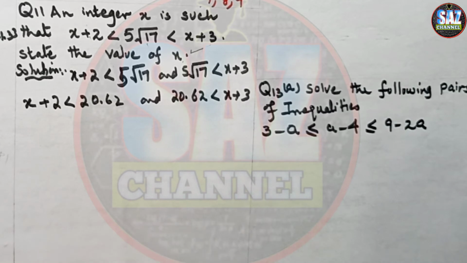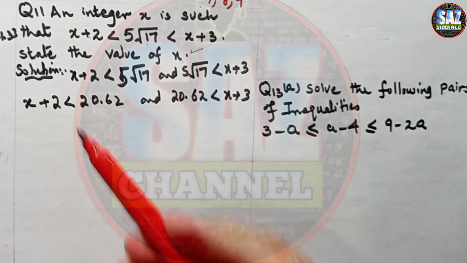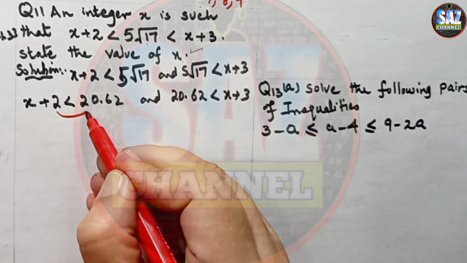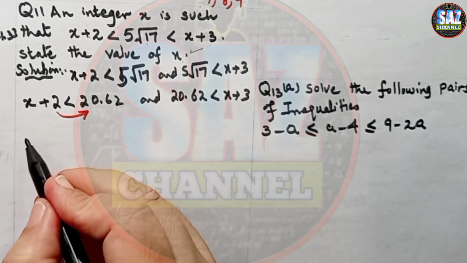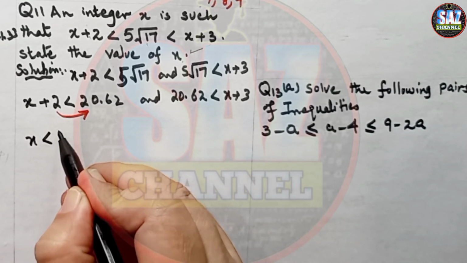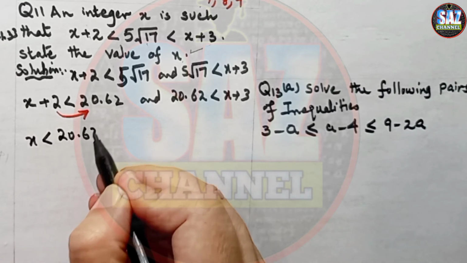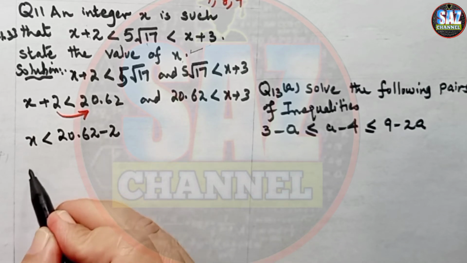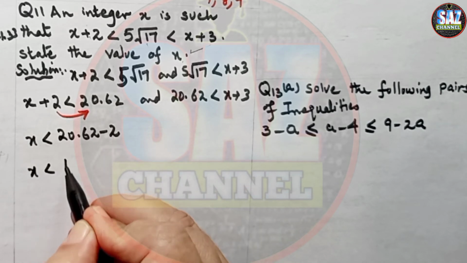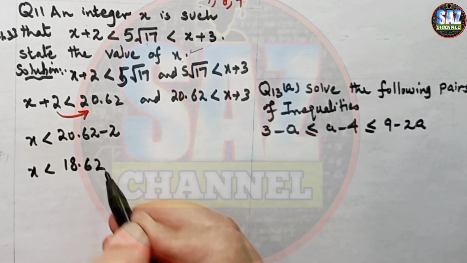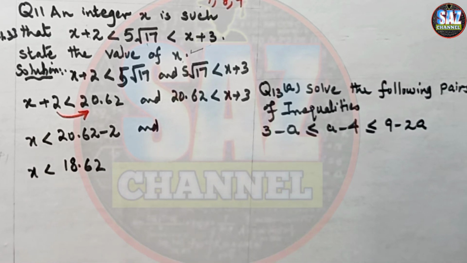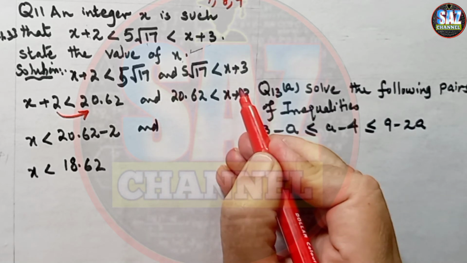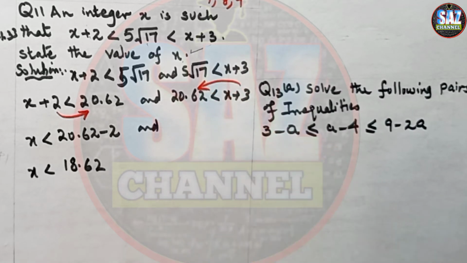Now in order to solve this inequality, I have to shift this 2 to the other side by changing the sign, and the expression will take the form x less than 20.62 minus 2, x less than 18.62. And now I have to shift this 3 to the other side by changing the sign.